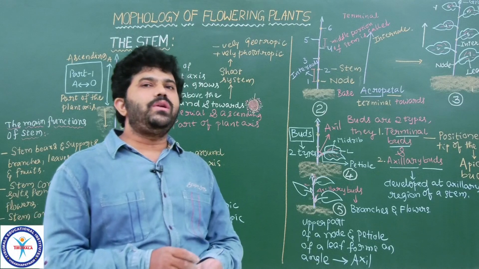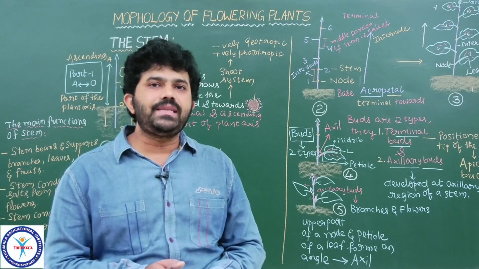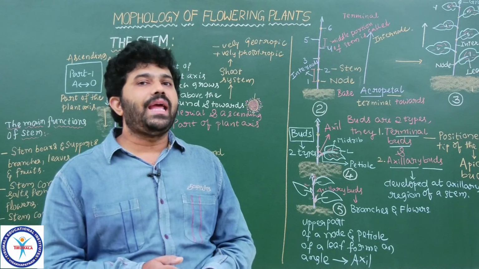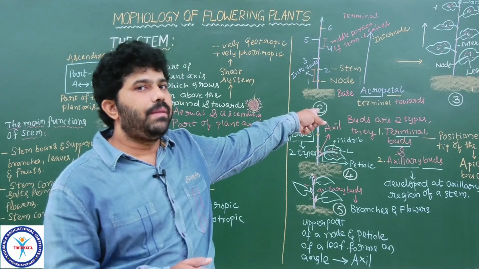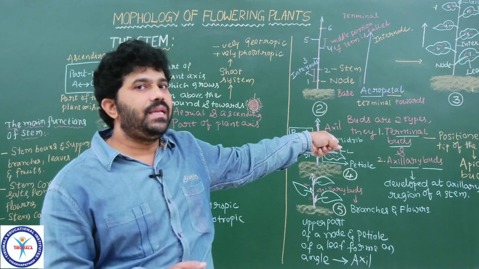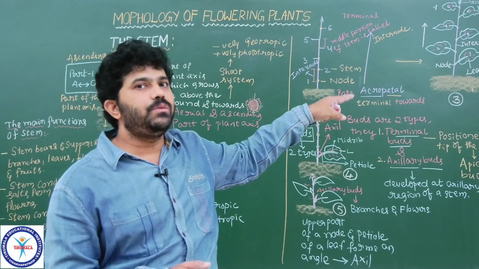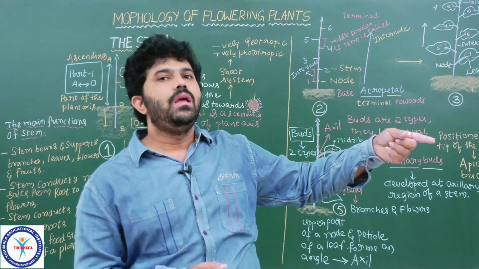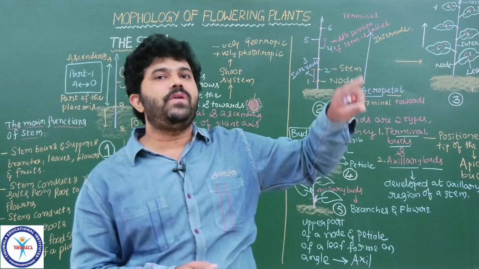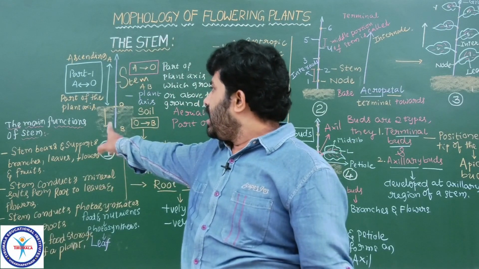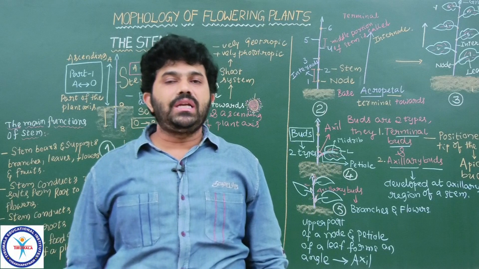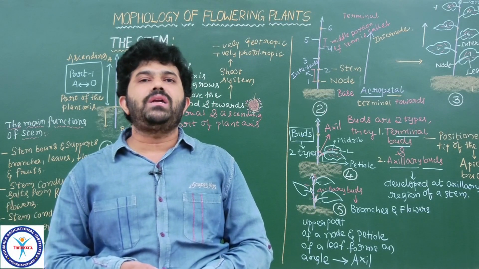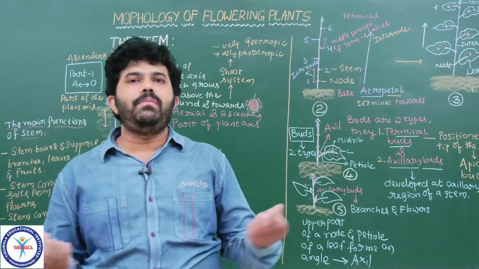In the next lecture we are going to discuss how in some plants the stems do not have a typical axis. In some plants the stem modifies, changing its structure and form, for conducting functions other than the main functions. These changes in parts of the plant like the stem are called stem modifications.